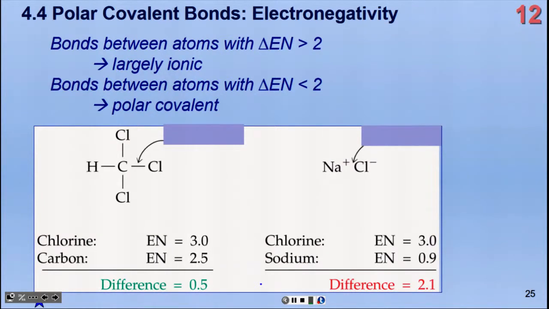The sodium chloride has a difference of 3 versus 0.9 for the electronegativities, and that's much, much larger. So we're going to call the 0.5 difference between carbon and chlorine a polar covalent bond, and the larger one, greater than 2, between sodium and chloride, which you already should have guessed, is going to be ionic.